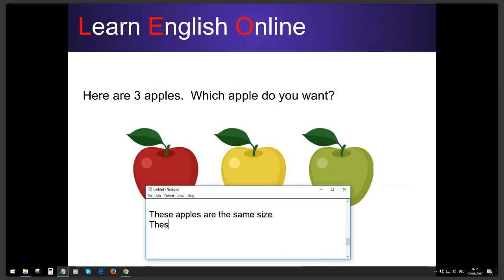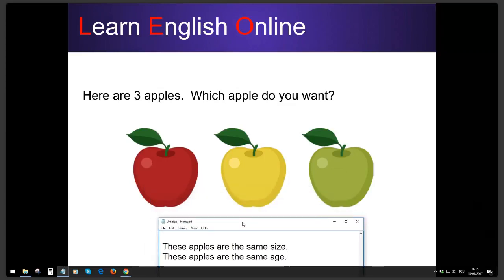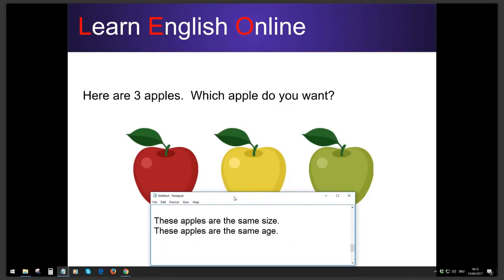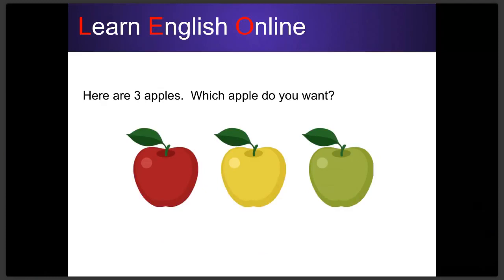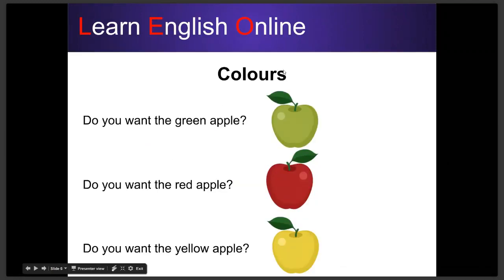They're ripe. These apples are the same age. Can't choose by age. So how can we choose? Well, we could choose not by size, not by age, but by colour. And colours can be adjectives. Okay? Can be. Not always, but they can be.